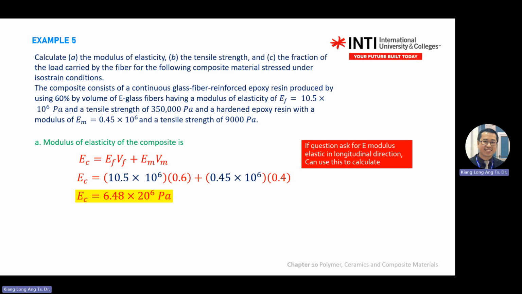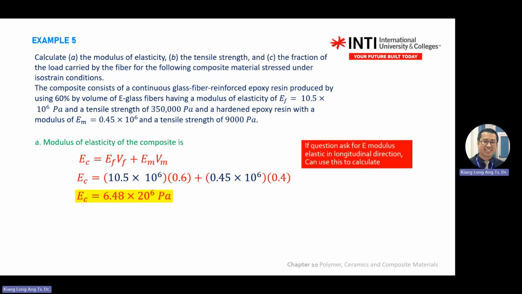Then you use this formula. Sometimes it does not tell you whether it's isostrain or isostress condition. It will ask you to find modulus of elasticity in the longitudinal direction. You pull in this direction. Okay, so it means this layer was pulled in this direction.